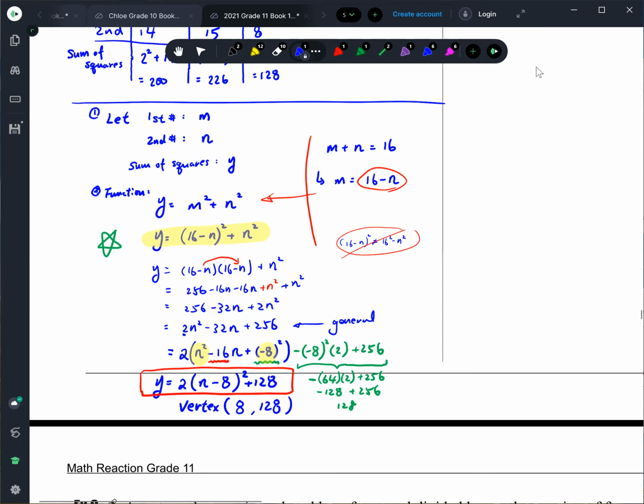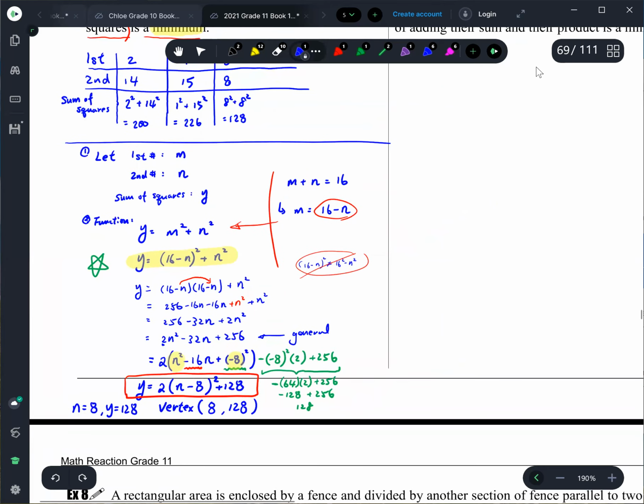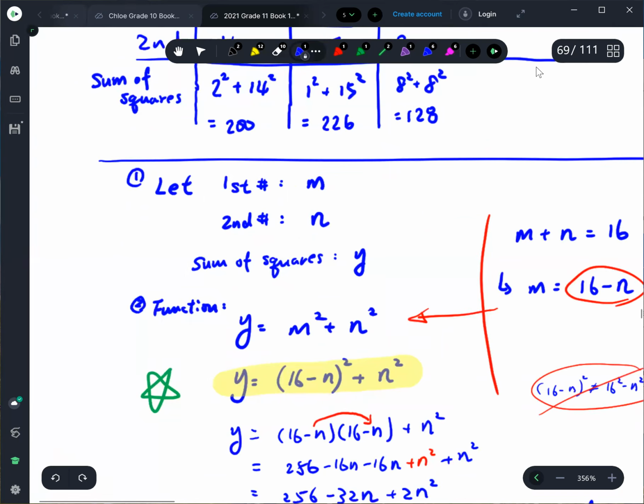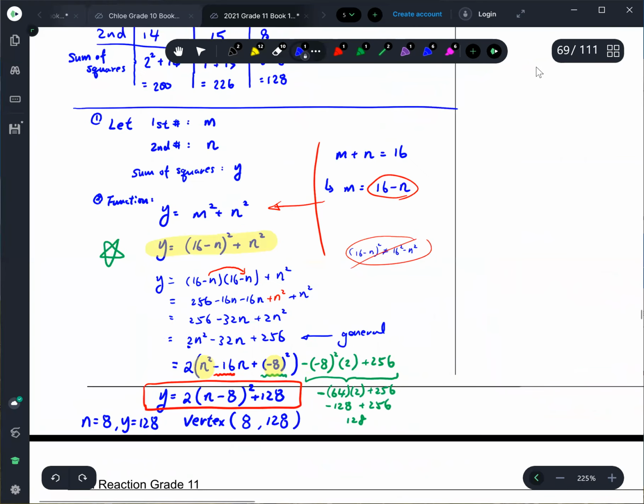So we have n equal to 8, and our y is 128. Now, if you look at your last statement, the last statement tells you that the second number is n, right? The sum of square is the y. Okay, so we are ready to write out our sentence.